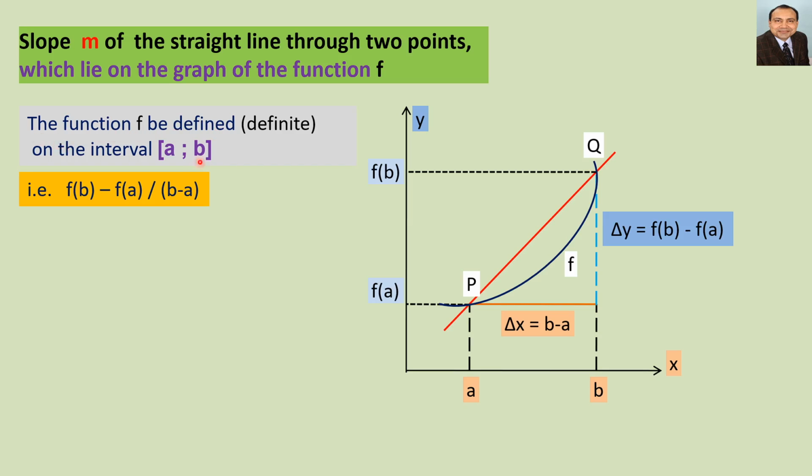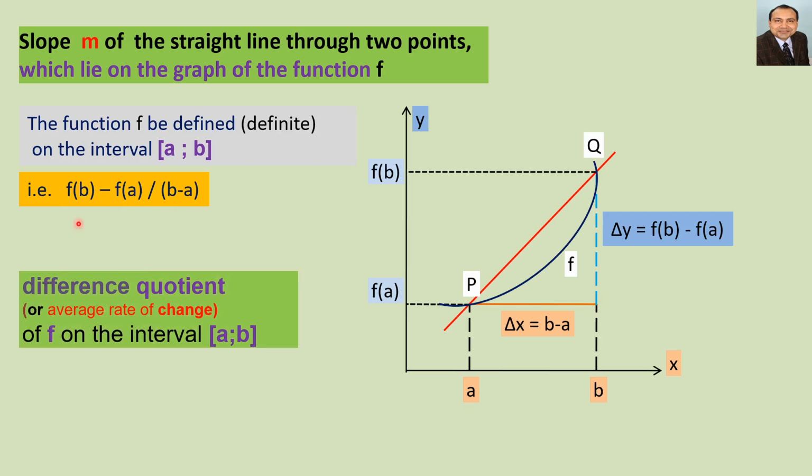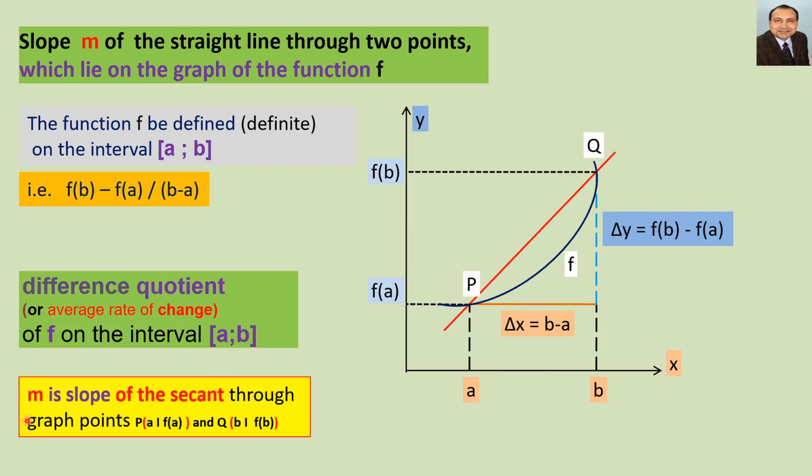The function f is defined on the interval, which means the difference in value of y, f of b minus f of a, divided by b minus a, is called the difference quotient or average rate of change of the function f on the interval a b. m is the slope of the secant.